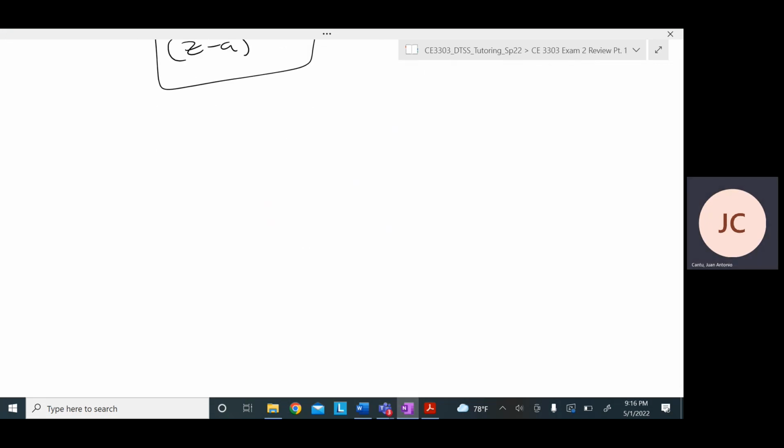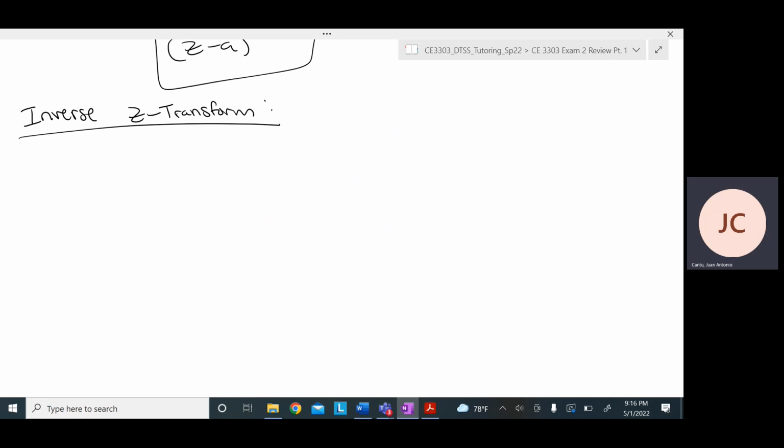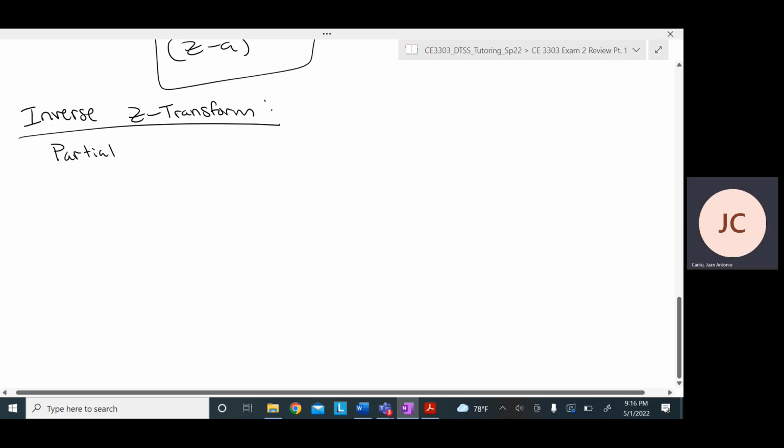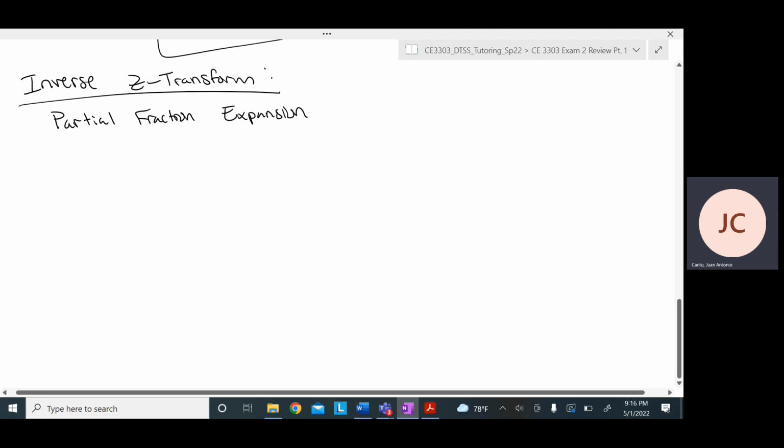So now let's go into inverse z transform. The procedure for doing the inverse z transform, like I said earlier, is called partial fraction expansion. Okay, and before I get to partial fraction expansion, there's a few terms that you guys should know.